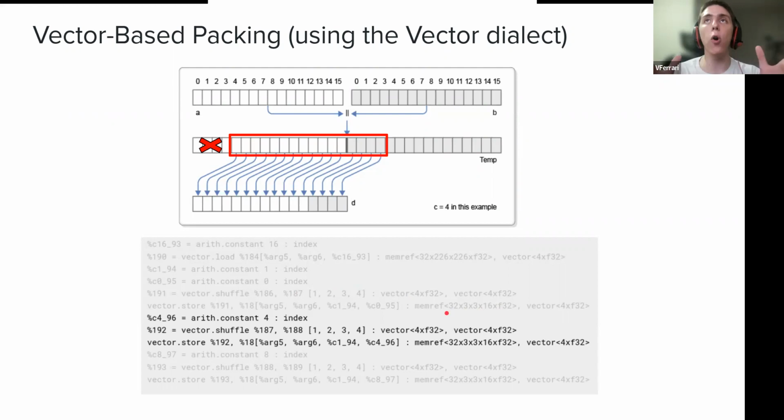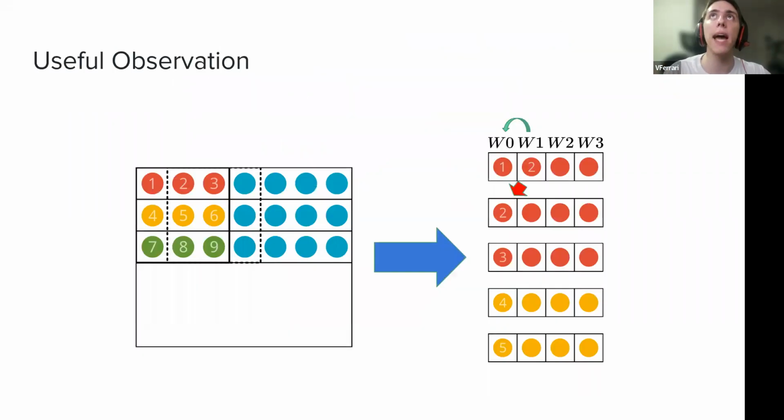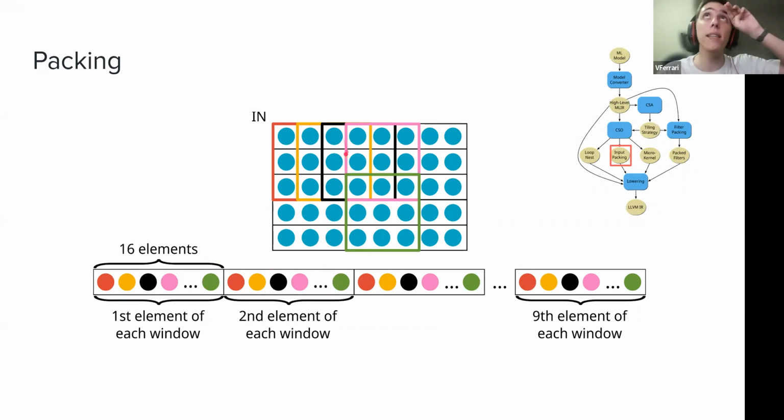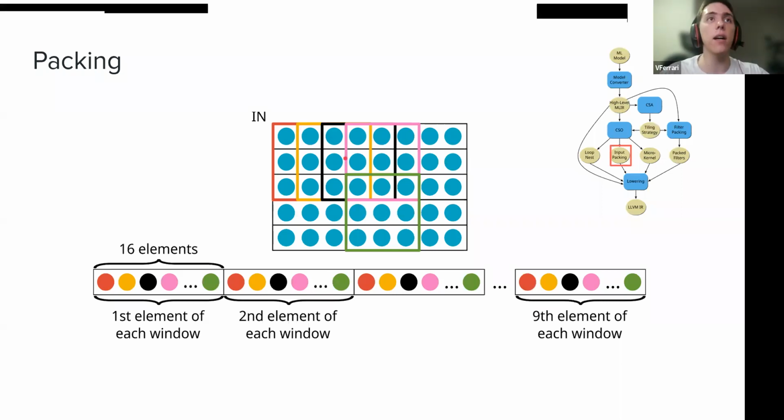So in this case, you load the elements, and you have to store them again and again, because we have overlaps between windows. I forgot to talk about that. We have overlaps between windows, so this element right here will be stored multiple times. So this is why the shift instruction improves performance, right? Because we would have to read this again from cache, but instead we can just keep it inside the register and just shift it to the left. So you have data replication when packing.